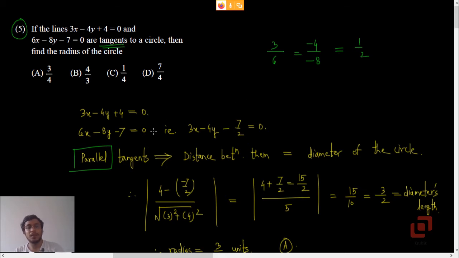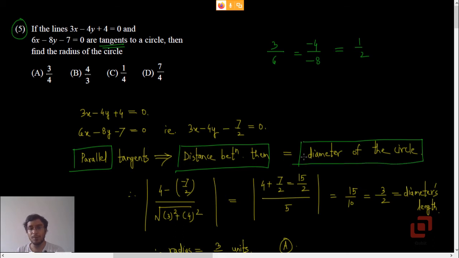Now if the tangents are parallel, then as I told you in the previous problem from the figure, the distance between those two lines will be equal to the diameter of the circle. So we are going to make use of the formula that we used yesterday, that is how to find the distance between two parallel lines.